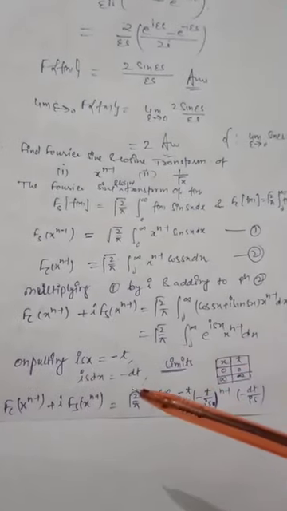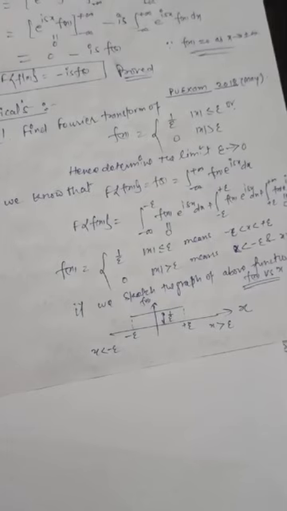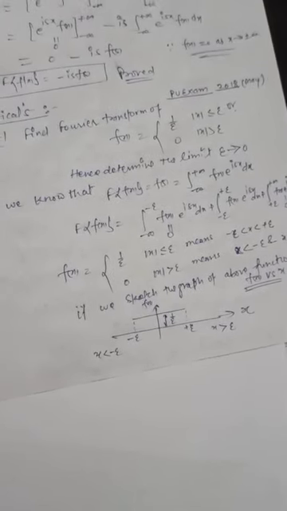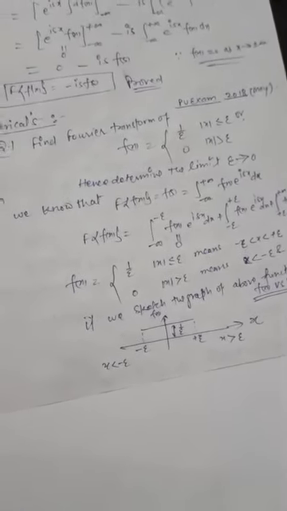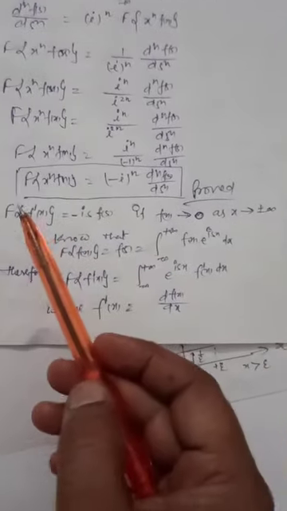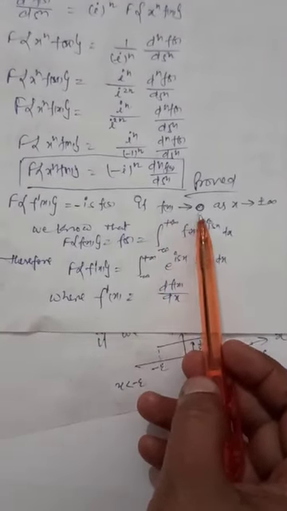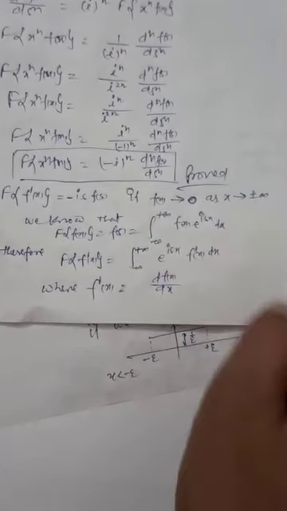So as you consider here, f of x tends to 0 as x tends to plus minus infinite.